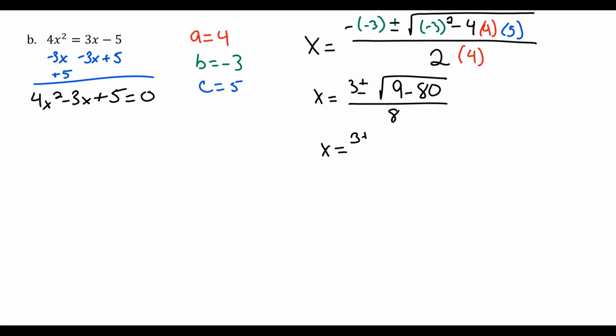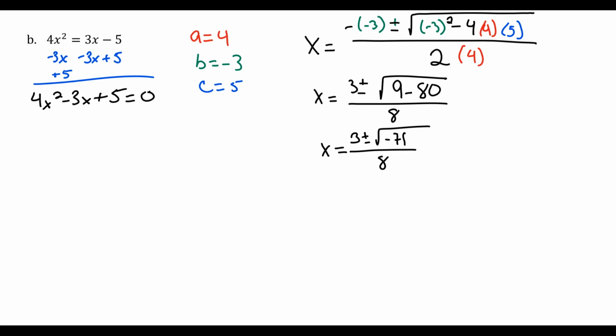Continuing to simplify, I get plus or minus 9 minus 80 gives me a negative 71 over 8. I apologize, that should be a 71 over 8.